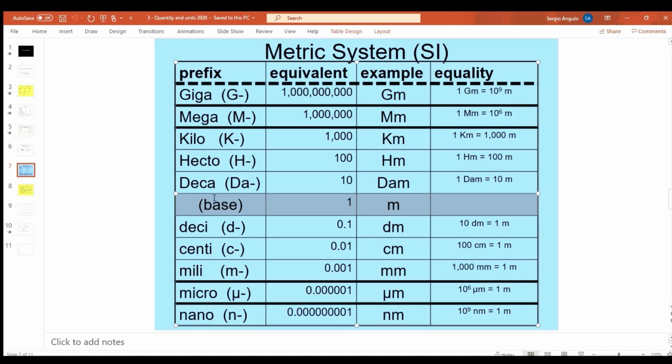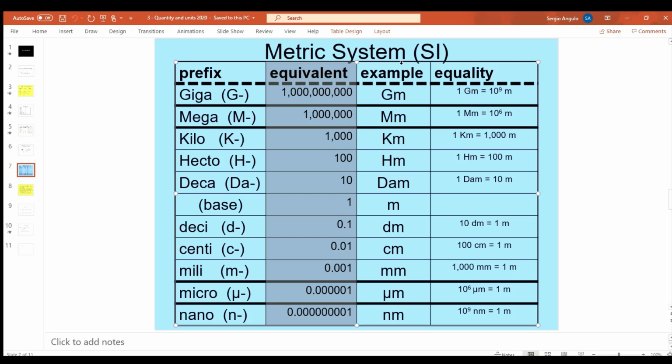So on this chart, I have a column that's the prefix. These prefixes are little words or partial words that mean certain numbers, and the numbers are right here. So here's your prefix, here's the number it means. I called it an equivalent. So what do these prefixes mean?